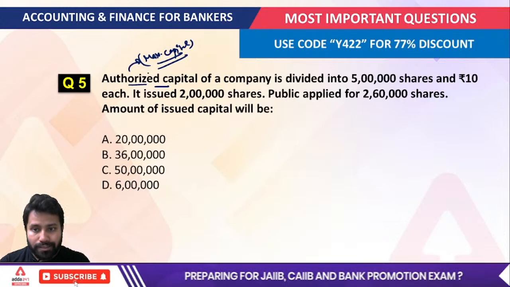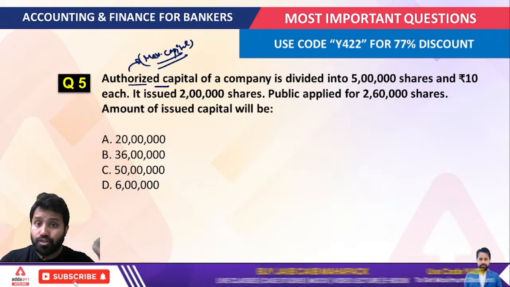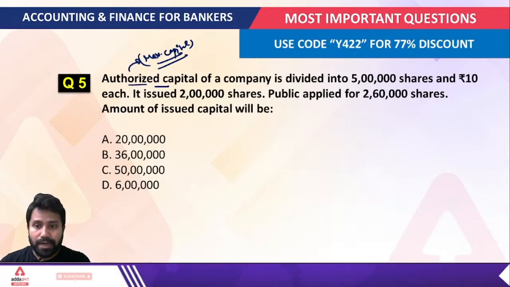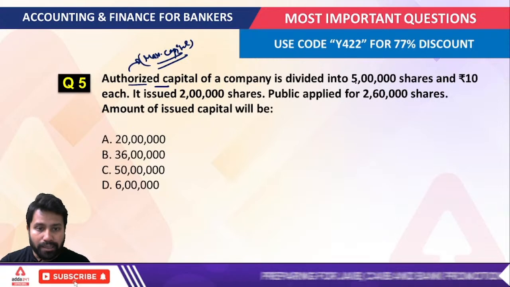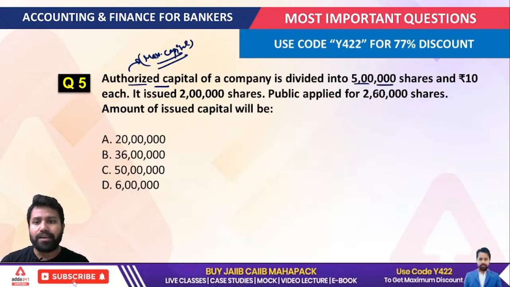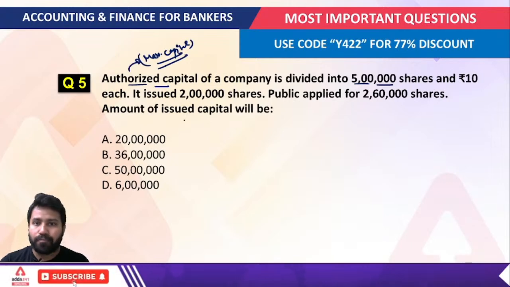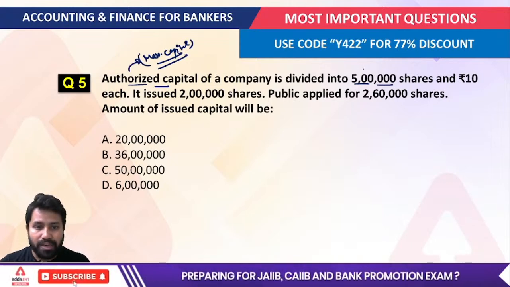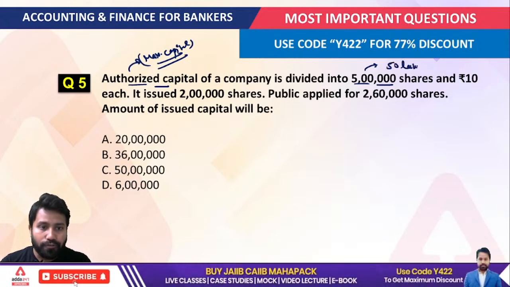So it is always understood as the maximum capital up to which the company issues shares. In the question, the authorized capital is divided into 5 lakh shares of 10 rupees each. That means the per share price is 10 rupees. So the company's authorized or maximum capital is 50 lakh rupees.